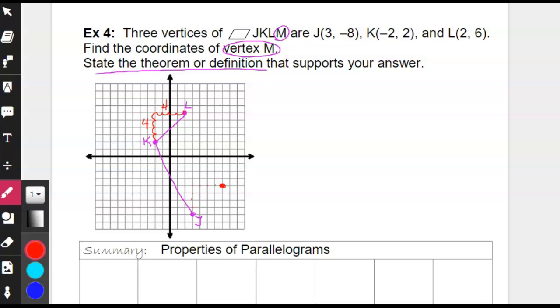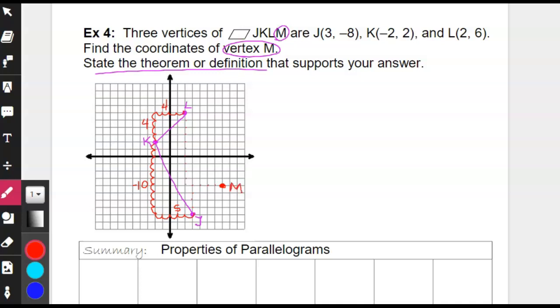I also need to make sure that the other segment is parallel. So if I find the slope, it is a rise down of 10, and over 5. So I'm going to do the same thing from L to this hopeful point M over here: down 10, over 5.